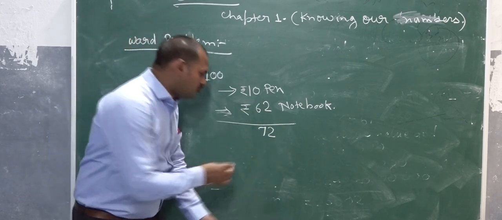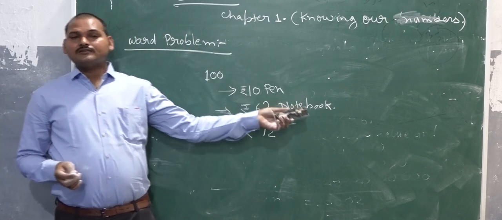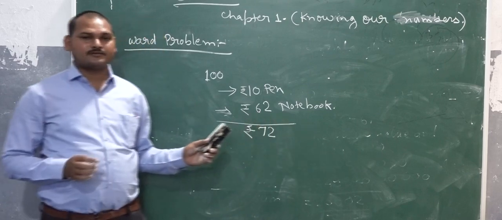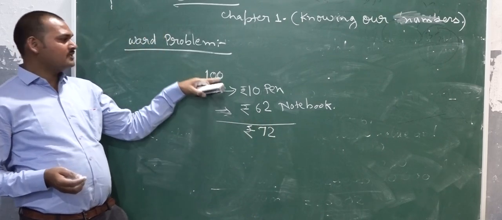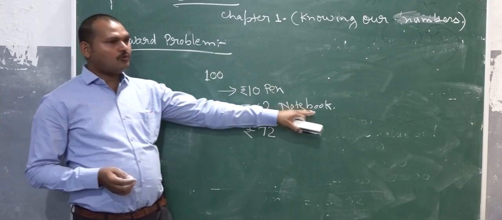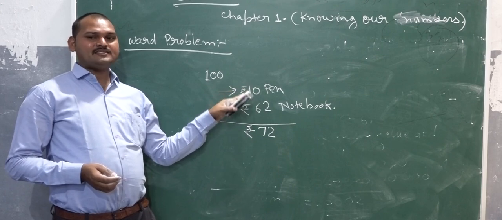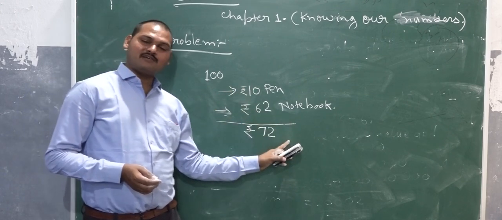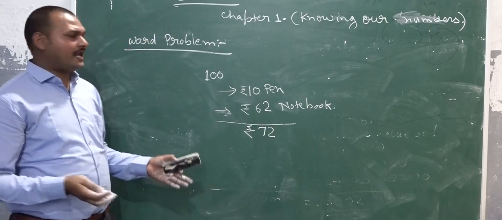These 72 rupees you will give to the shopkeeper. But how much do you have left? You have 100 rupees. You buy a pen and notebook of 10 rupees and 62 rupees. Means the total is 72. 72 is spent. How much is left?